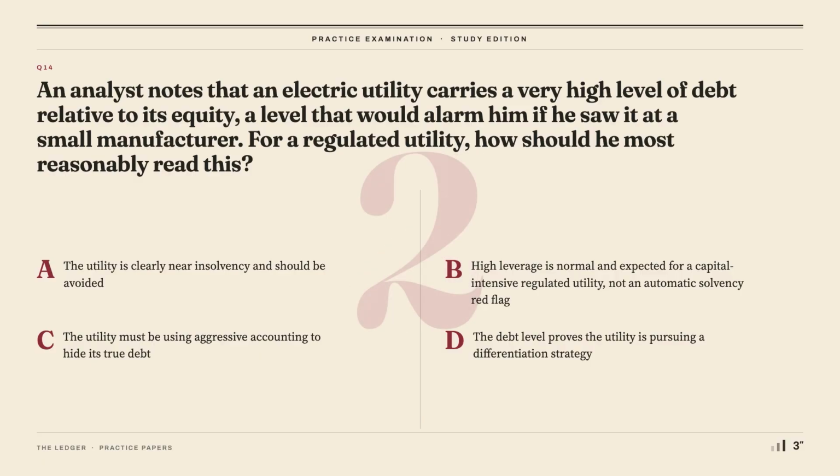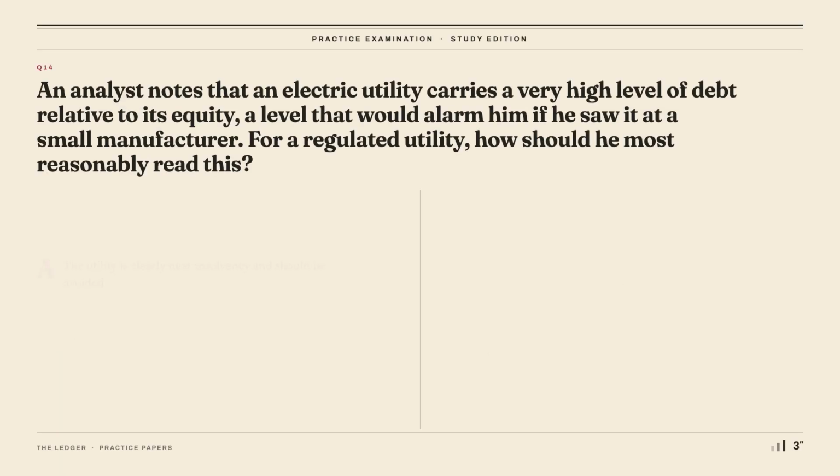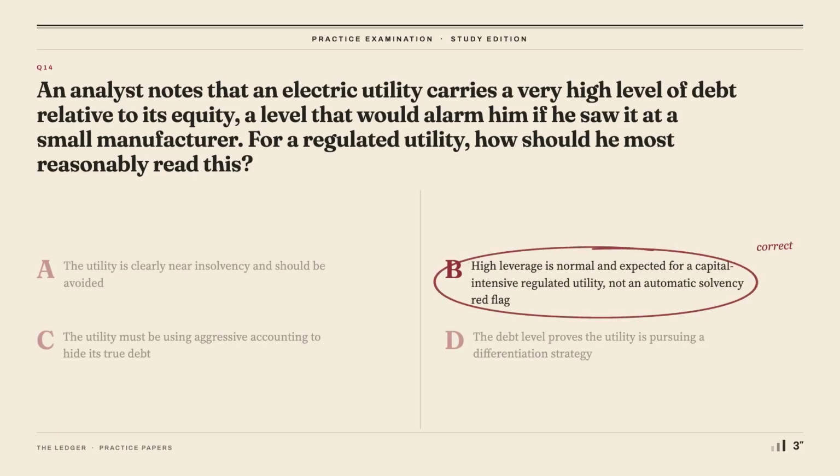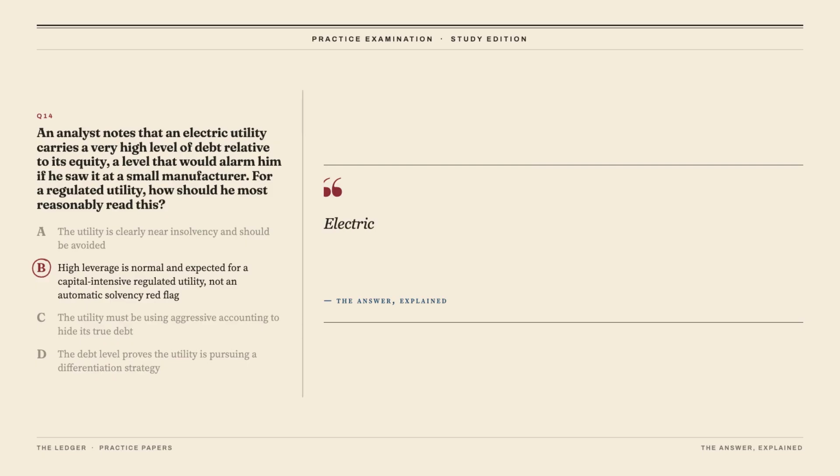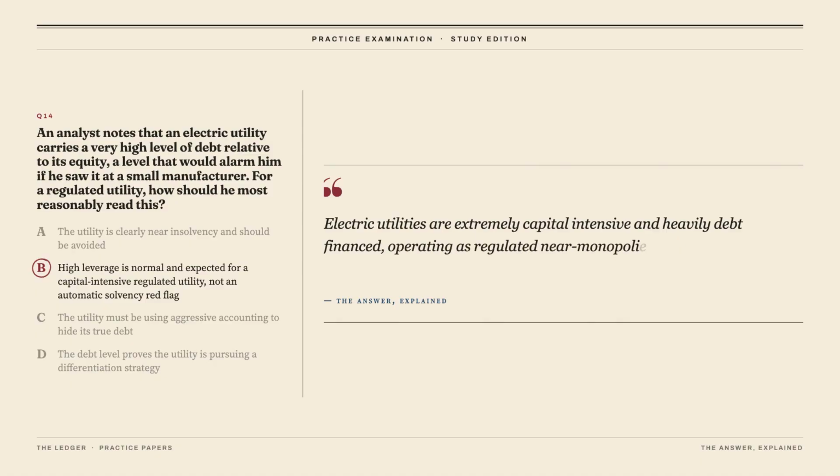The correct answer is B. High leverage is normal and expected for a capital-intensive regulated utility, not an automatic solvency red flag. B is correct because electric utilities are extremely capital-intensive and heavily debt-financed, operating as regulated near monopolies with stable, inelastic demand.